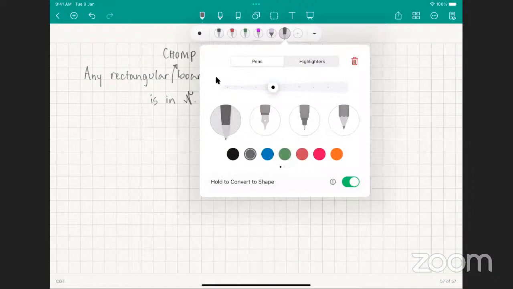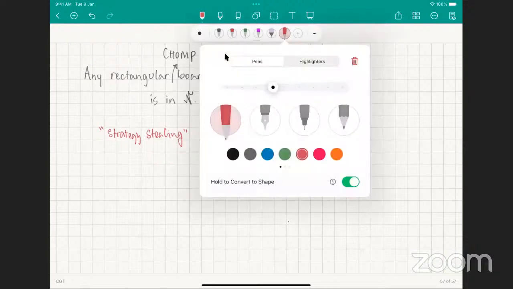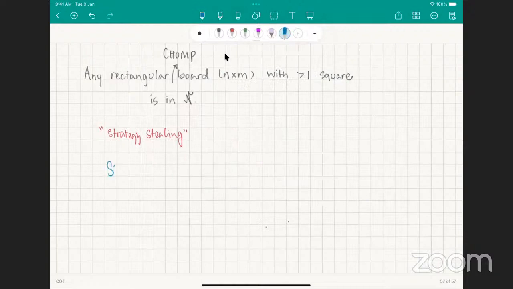We're going to invoke what is called a strategy stealing argument. And if it's the first time you're seeing something like this, it may strike you as a bit funny, almost as if we are cheating. But it turns out that it is a perfectly valid argument, just maybe feels funny. So what we're going to say is, well, suppose it's not an N. Then we have this n by m board.